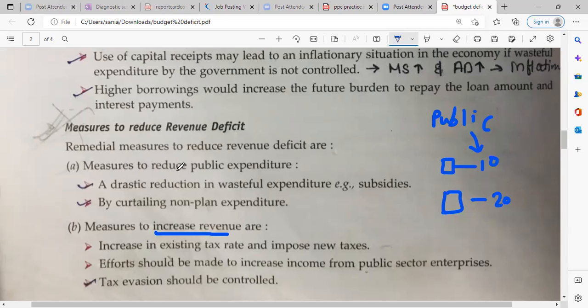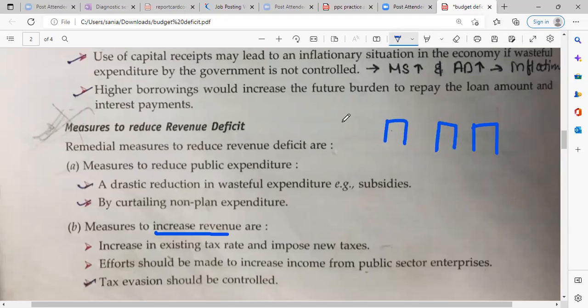Now, measures to reduce public expenditure. See, what does the government do? Government always spends money on the public, right? For example, I have to construct a school, public toilets, a hospital, all this. Earlier I was spending 100 rupees on all this, but now I have less money.